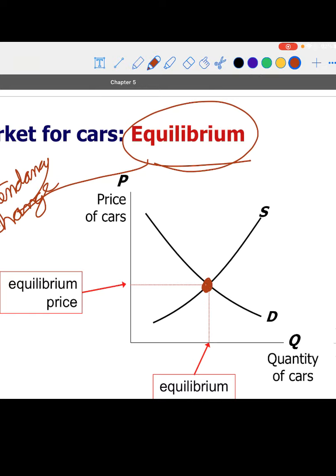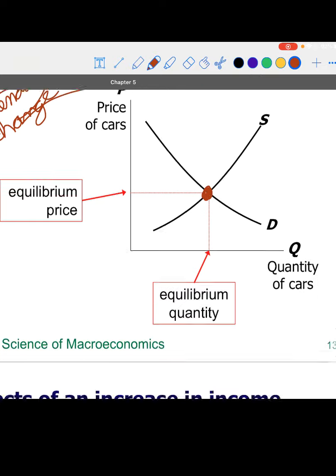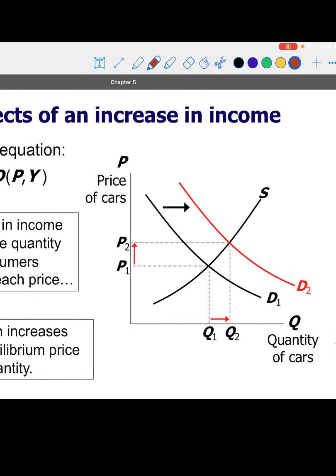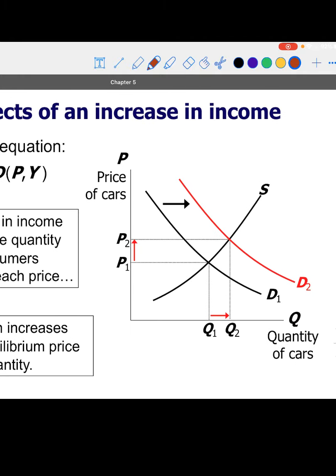Once it's at this equilibrium, it kind of just sticks around. The only thing that can change the equilibrium is if we shift some of the curves. So if we gave everyone more income, the price of cars will go up.